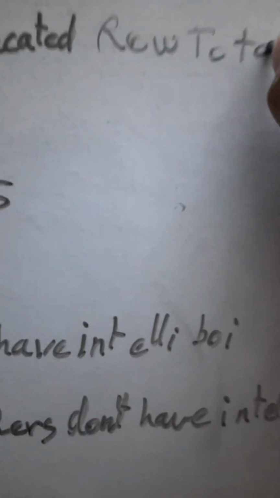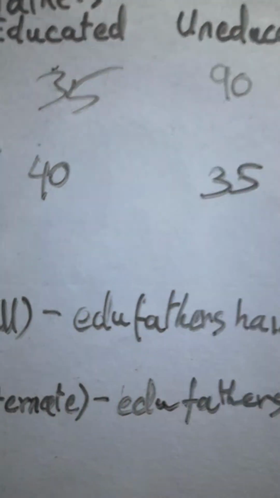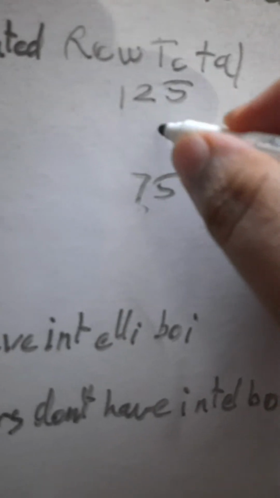We have to add these: 90 plus 35 is 125. Then 40 plus 35 should be 75, which makes it 200. So this is our grand total, which was already given in the question.